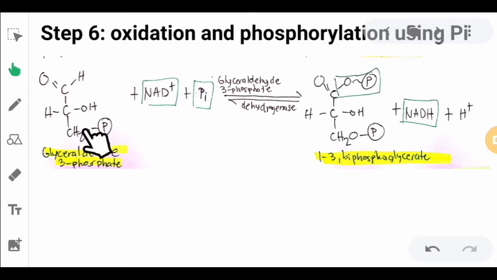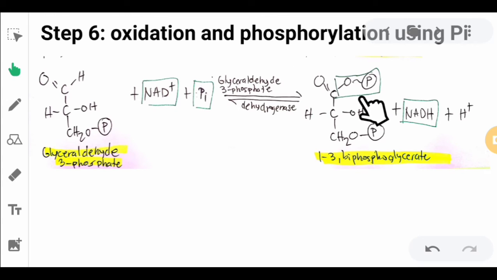So, the 2 pieces of glyceraldehyde 3-phosphate will react with the oxidized form of nicotinamide adenine dinucleotide plus an inorganic phosphate, with the help of the enzyme glyceraldehyde 3-phosphate dehydrogenase. It will remove a hydrogen from here, and the hydrogen will be attached to the oxidized form of NAD. The inorganic phosphate will attach in the place of the hydrogen that has been removed.